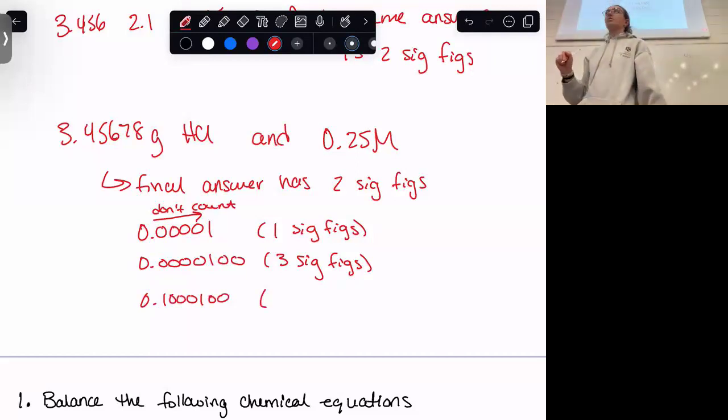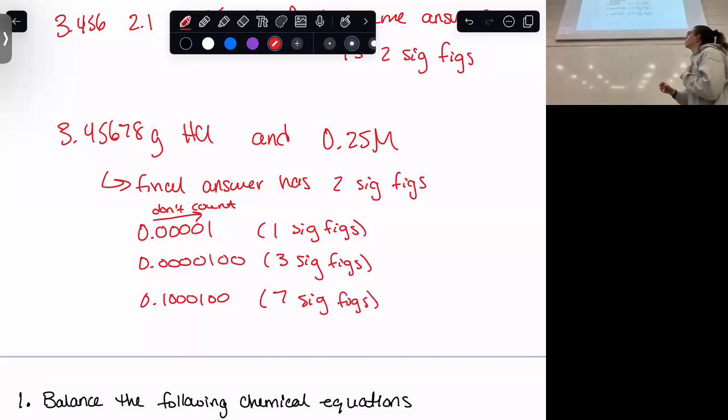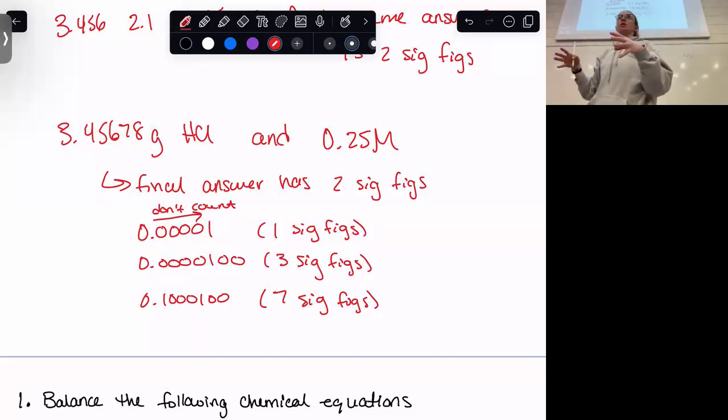How many do we have in our third example? You have 7 sig figs, because our first non-zero number comes in that 10th place, so all of those zeros now are significant.